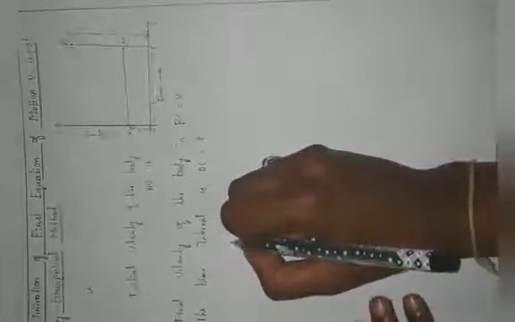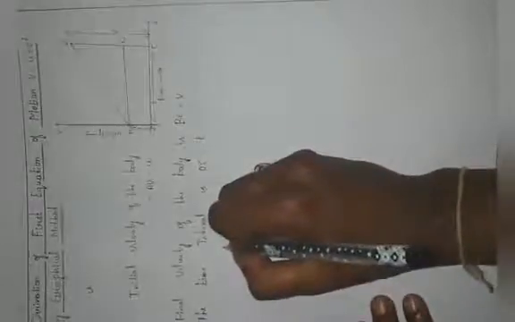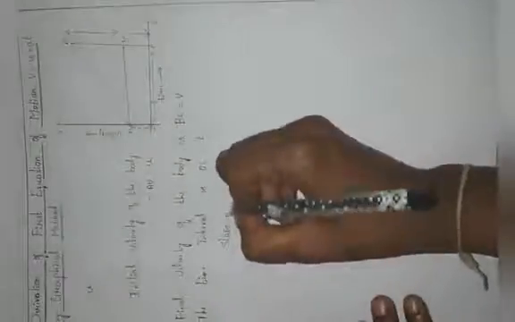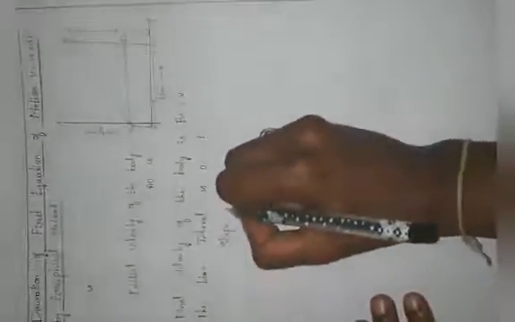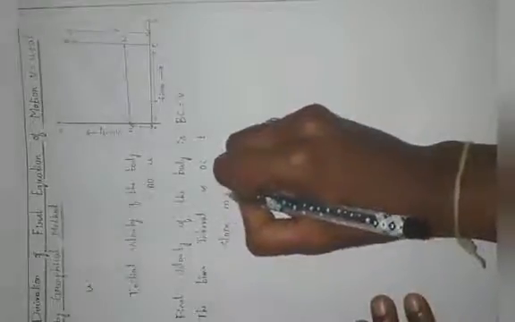Now, very important, slope. Slope, which is represented with the letter M, is the ratio of vertical distance to horizontal distance in a graph.